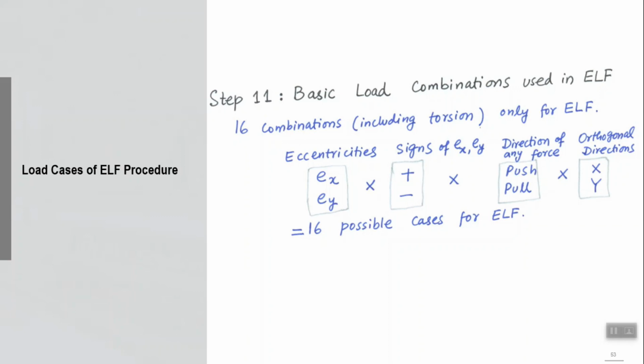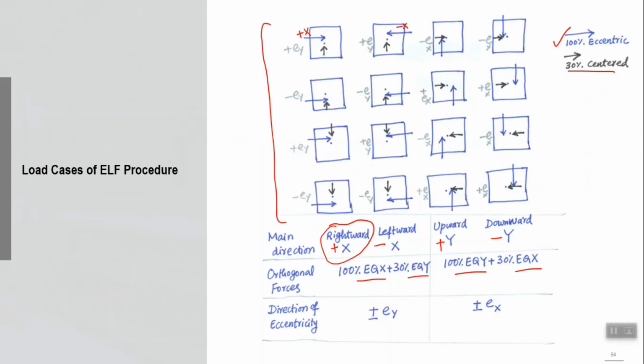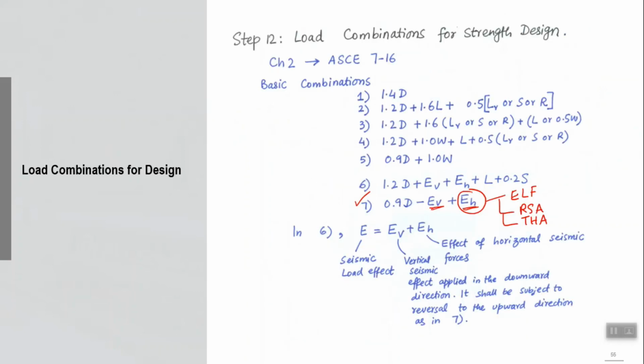So, if you are following ELF with its full complexity, then this EH will actually be replaced by 16 separate load cases one by one, if you are following a program in which you have to make a separate load case for each case of ELF. But for example, ETABS has the facility that it can create sub cases in one case or sub patterns.